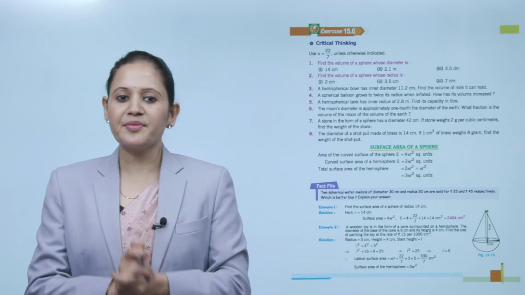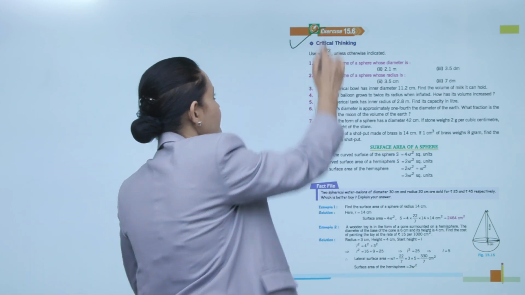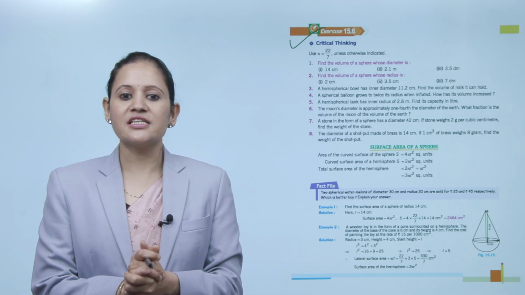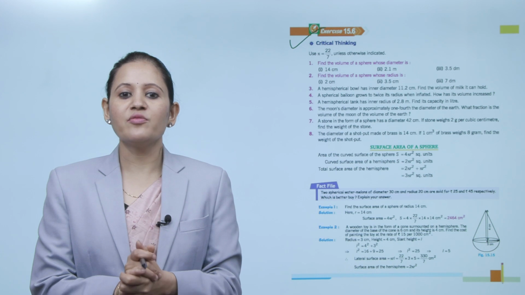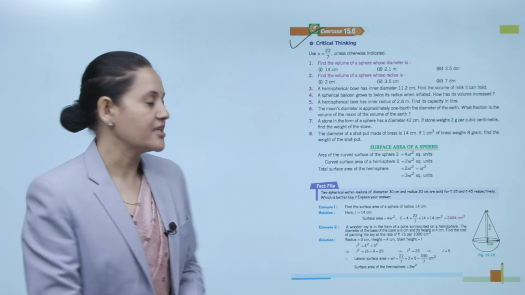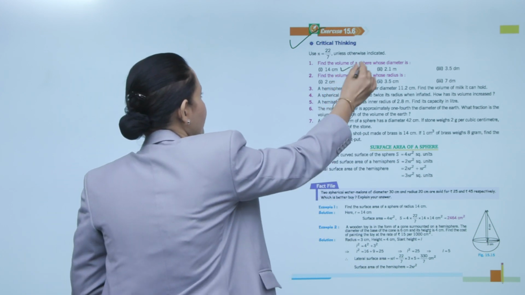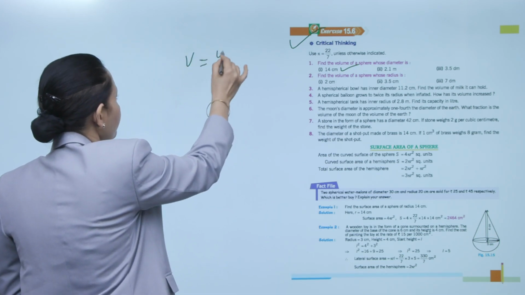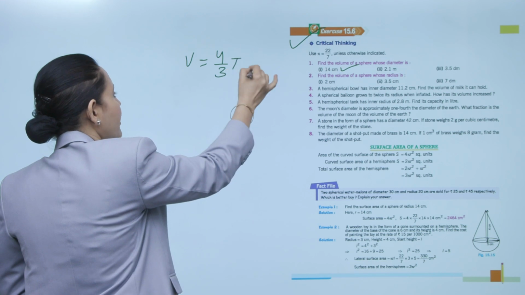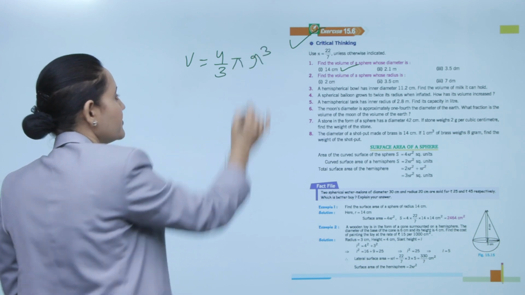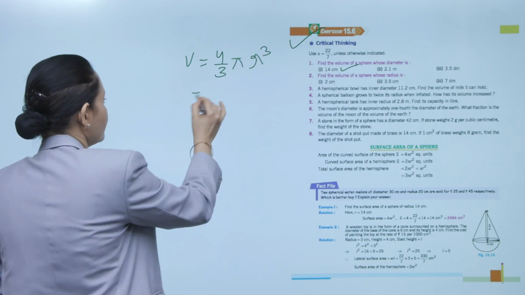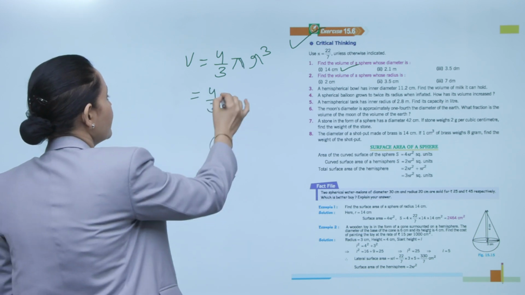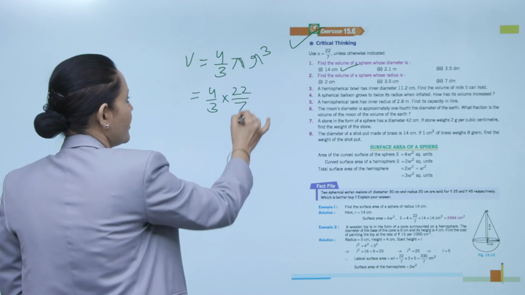Next is exercise 15.6. Critical thinking. Use pi as 22/7 unless otherwise indicated. Find the volume of the sphere whose diameter is 14 centimeter. Volume is 4/3 pi r cube. Clear? So 4/3, we will take pi as 22/7.